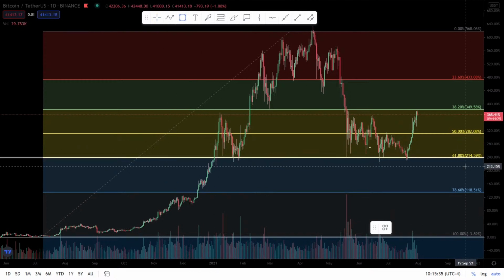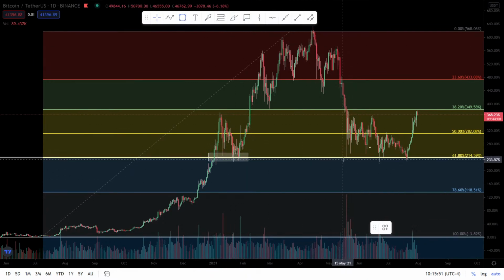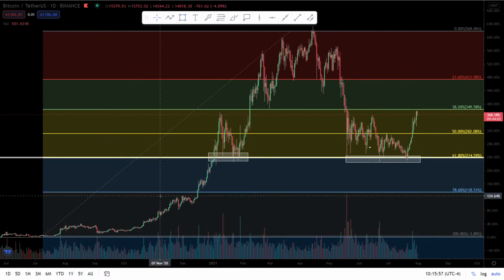Okay, can you see the white level? Can you see how price action at this point touched right here, and at this point also? So we're going to analyze this in a minute. You see those two rectangular boxes?